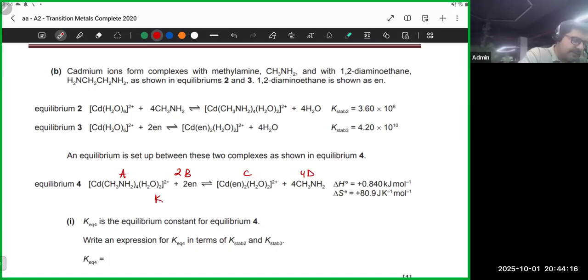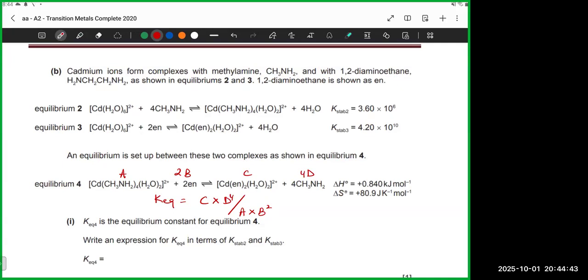So the K equilibrium is basically C times D to the power 4, and the whole thing gets divided by A times B to the power 2, right? Is it clear that I substituted just to make life easier? I substituted the complexes with A, B, C, and D. Is this clear? Yes.